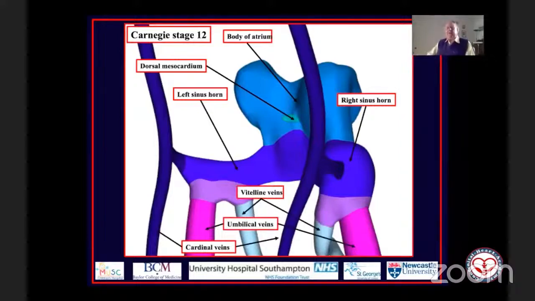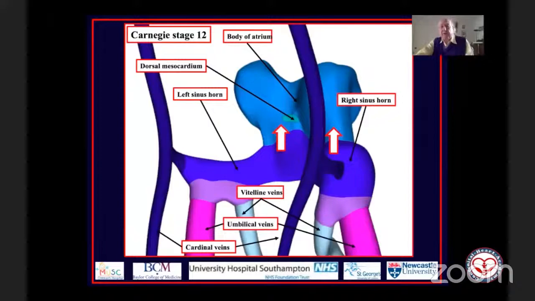Now, the key point at this early stage is that both sinus horns are opening into the body of the atrium. Now, the key stage of normal development, which permits us to prepare a morphologically right and a morphologically left atrium, is what happens to this systemic venous sinus.